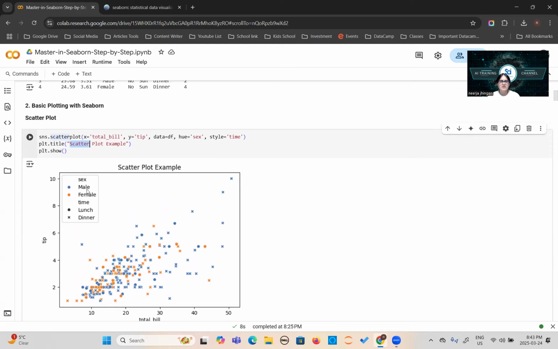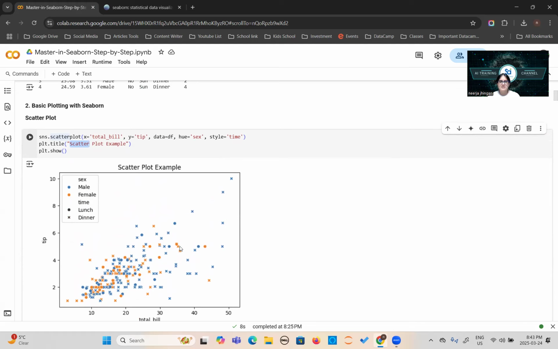So here this is your gender, right? Male, female, and time. This is the style, time, lunch or dinner, right? So you can see how interactive this graph is. It is telling you the difference: male is recognized by a round blue dot, female is an orange dot, right?